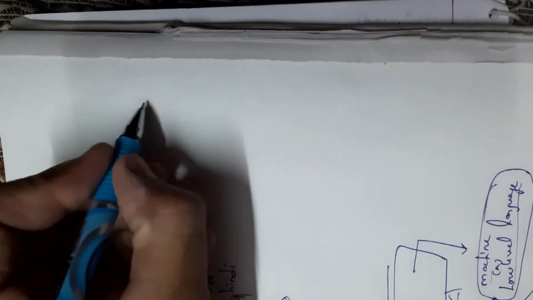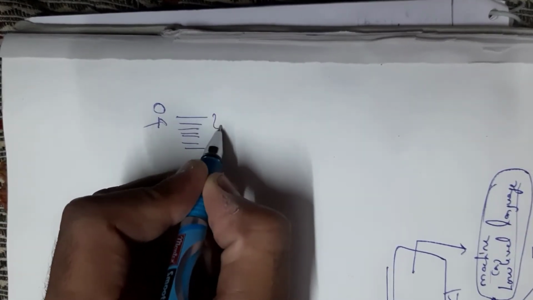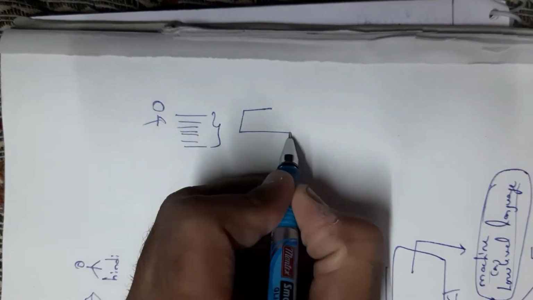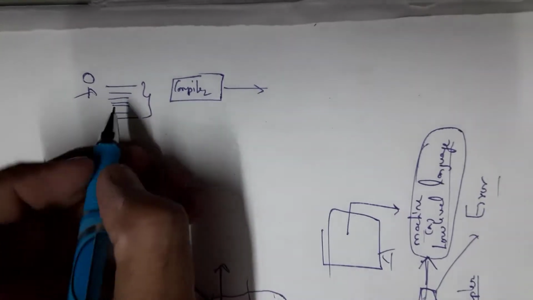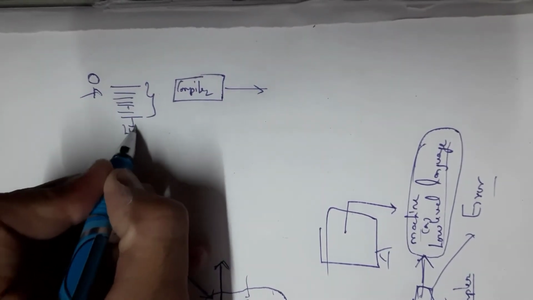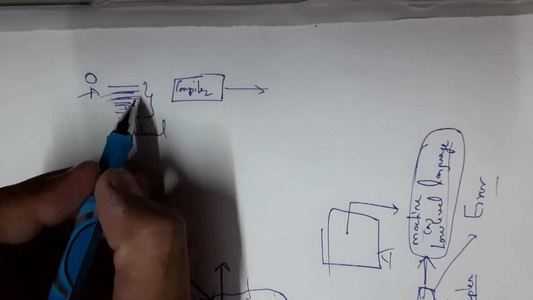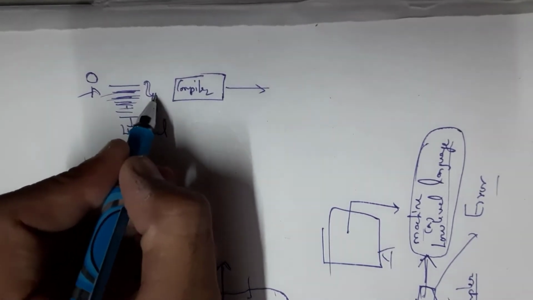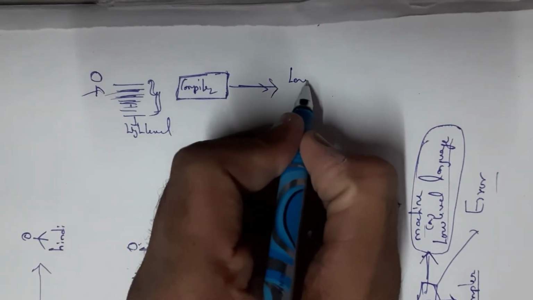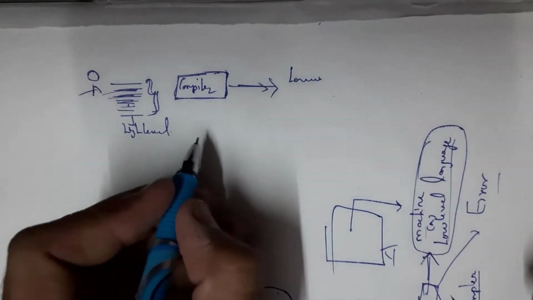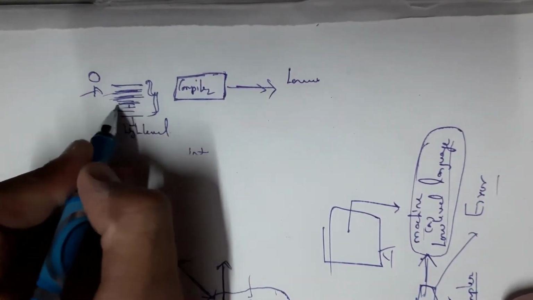What a compiler does is, whatever program is entered by the user, the source code is in a high level language. All this source code is taken by the computer and then converted into low level language. But what an interpreter does is, it does not take all the source code at a time.